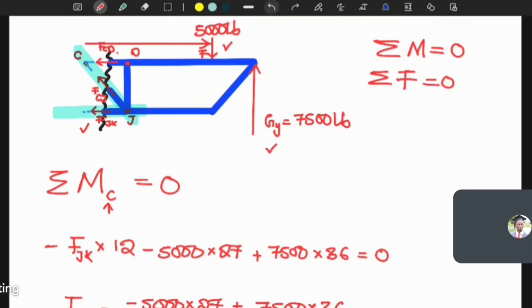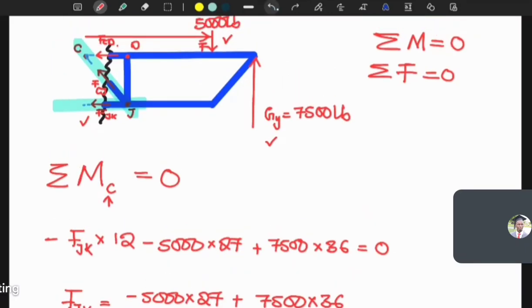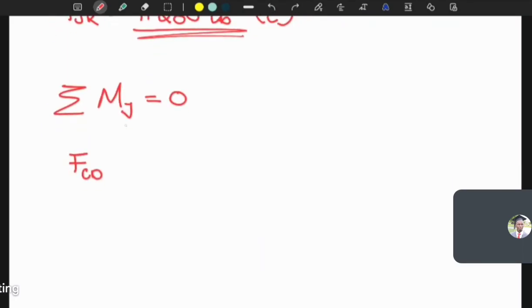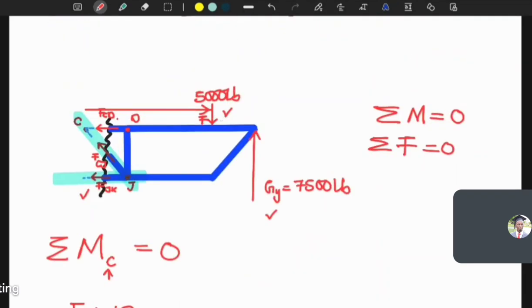And notice that it will be causing an anti-clockwise rotation about J. So the distance will be from here to here. We did use it earlier. It's the same as 12. So it's going to be that times 12. Next, the 5,000. From J, the 5,000 passes through this.